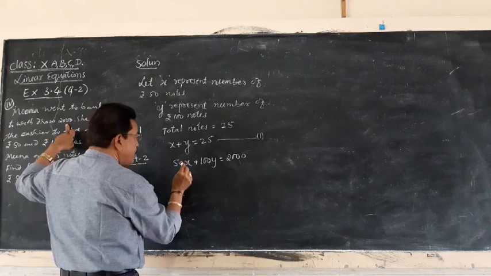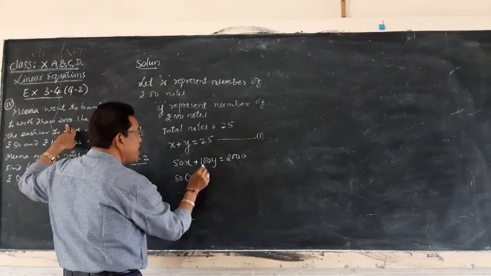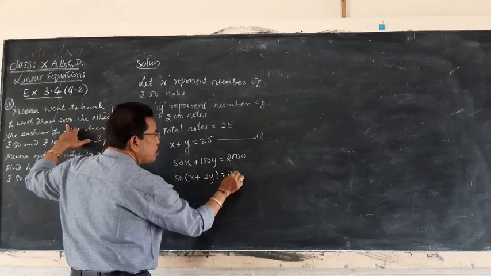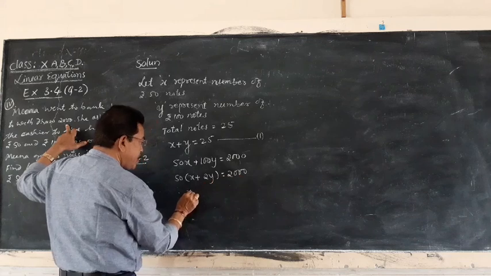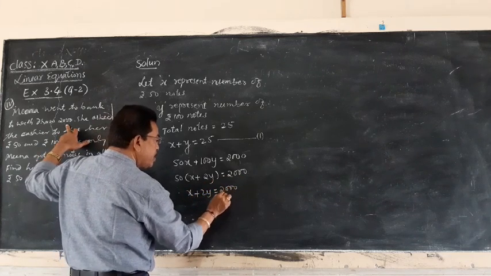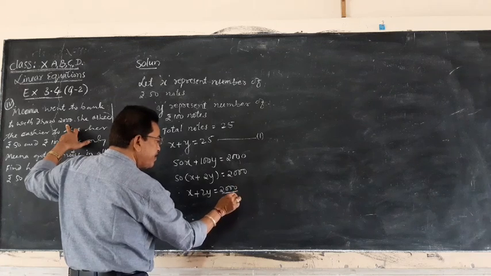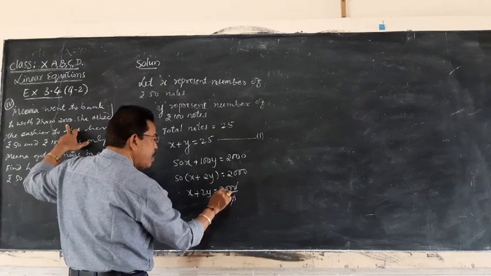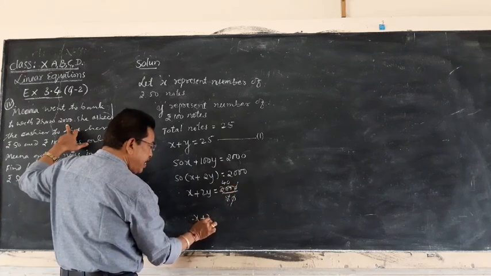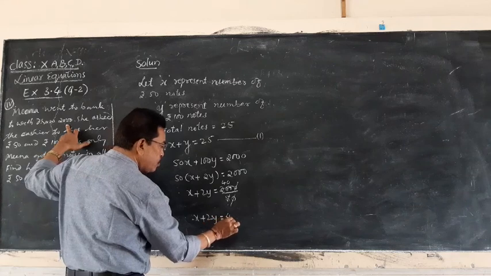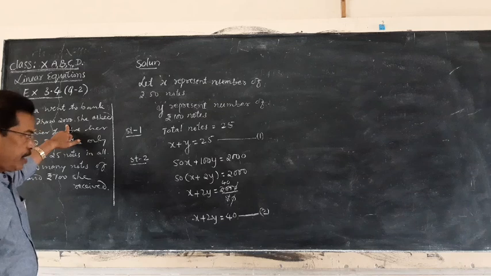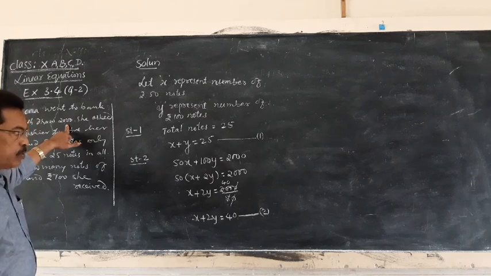Let us take 50 common. x plus 2y equals 2000 divided by 50. So x plus 2y equals 40. Equation 2.